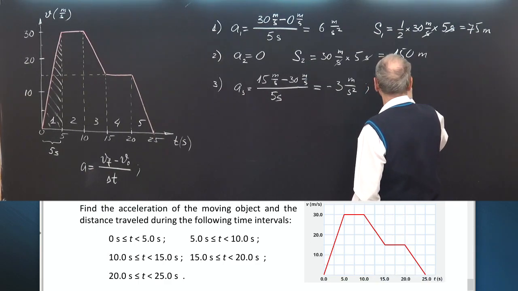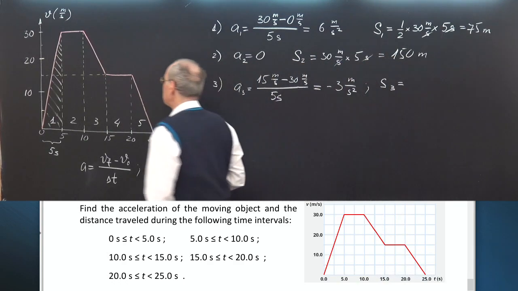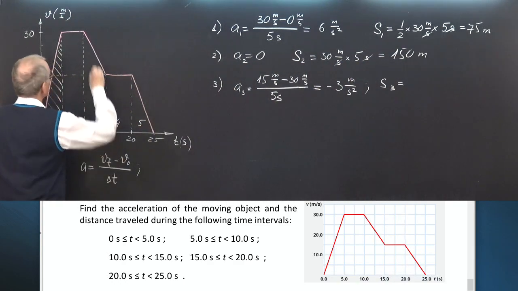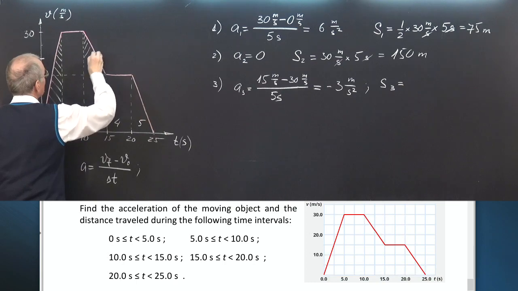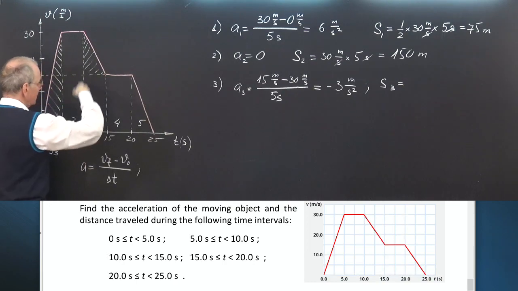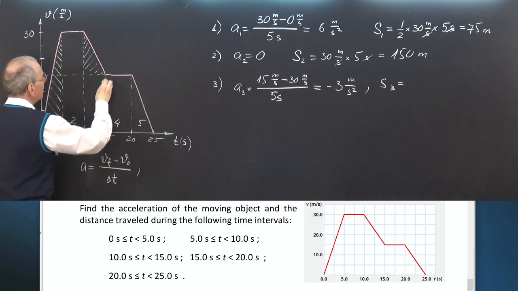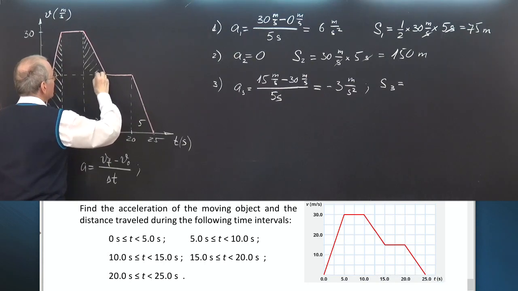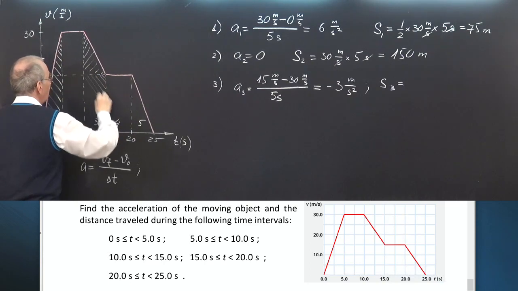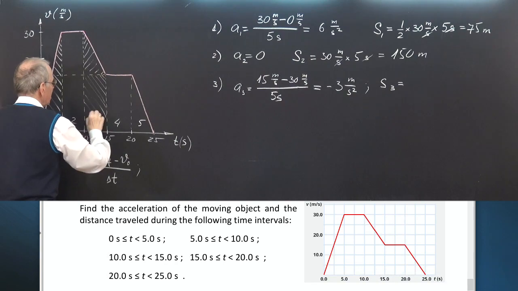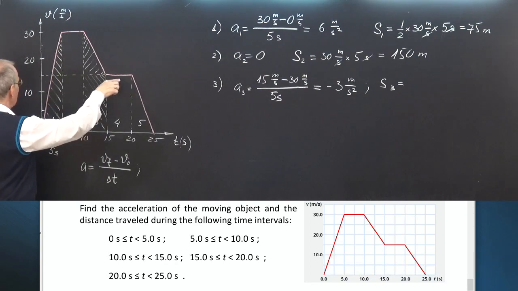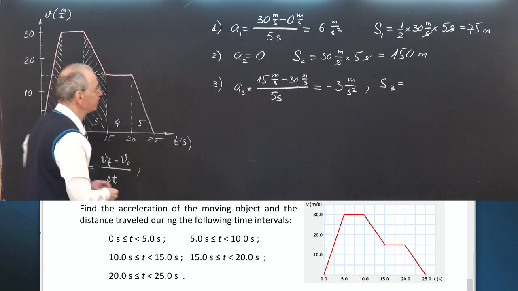S3. Let us find this distance as an area under the graph. This area is the sum of the area of the triangle above and the rectangle beneath the level of 15 meters per second.